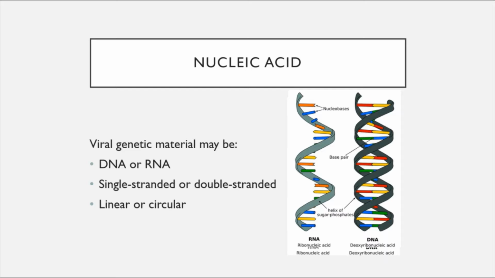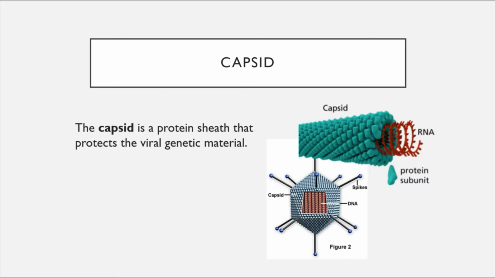The structure of the nucleic acid and the type of nucleic acid is connected to the capsid shape that a virus has. So the capsid, as we said, is this protein coating or protein sheath that protects the viral genetic material. Here we can see two different shapes of capsids, and we'll talk more about these in just a moment. But the capsid is composed of repeating protein units called capsomeres. In this image right here, we can see very clearly the capsomeres, and then a capsomere has been highlighted right here.